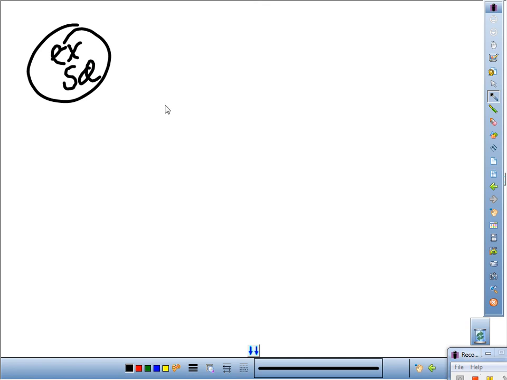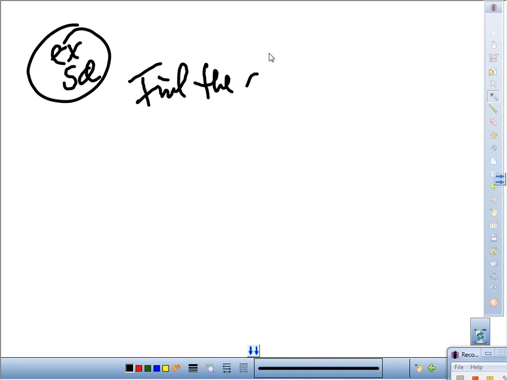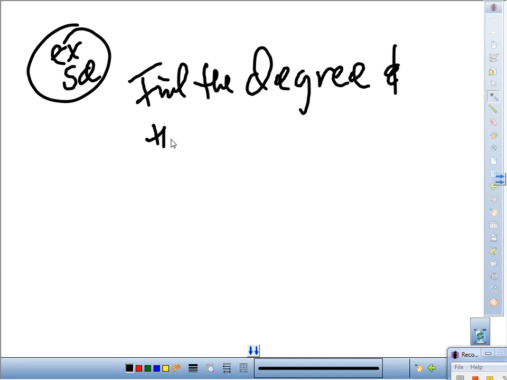Copy this. Do this on paper. Example Super Q. For this one, I want you to find the degree and the number of terms. Let's see if you remember that. Here we go. Ready?